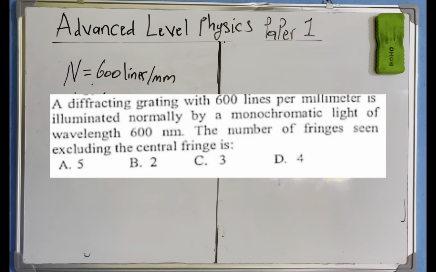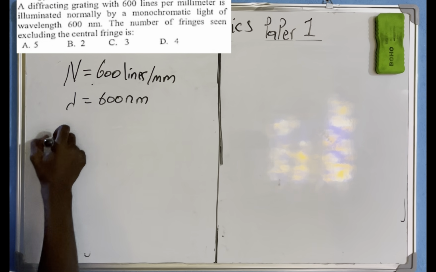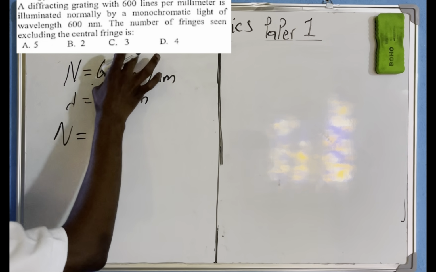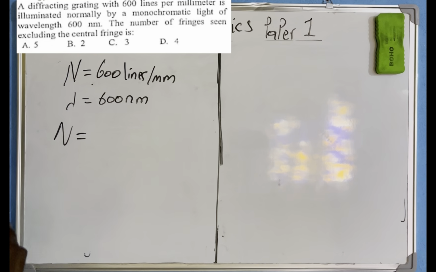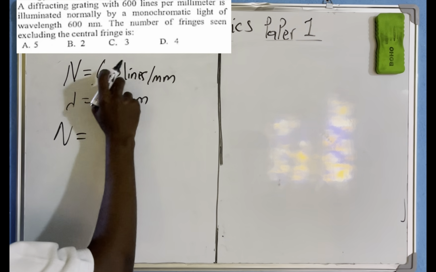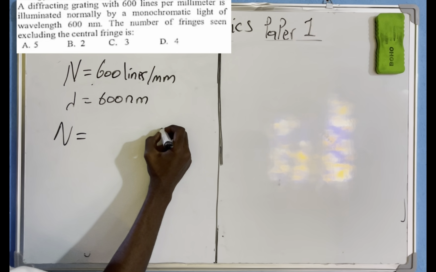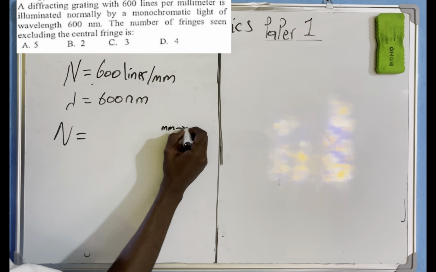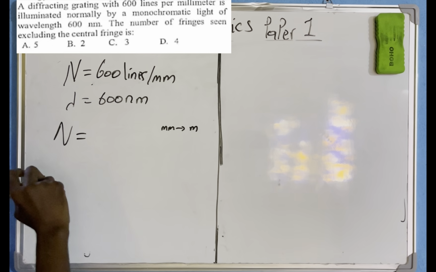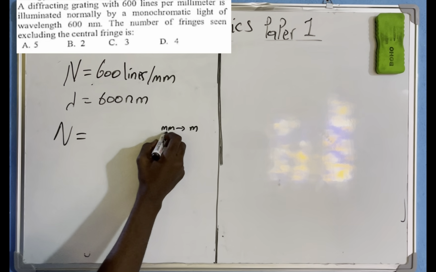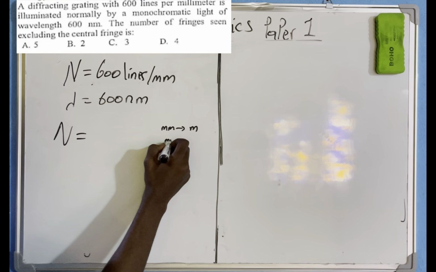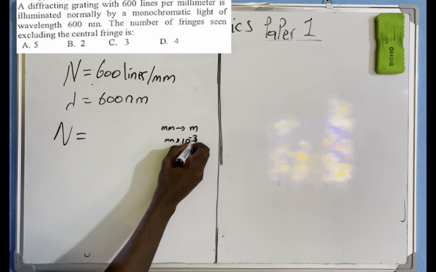Now the first thing to do here, I always advise you to change these lines per millimeter to lines per meter. And I told you that to change from lines per millimeter to lines per meter, when I want to change from millimeters to meters, I should multiply the millimeter by 10 to the negative 3.